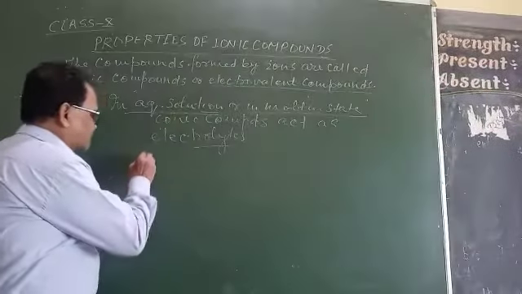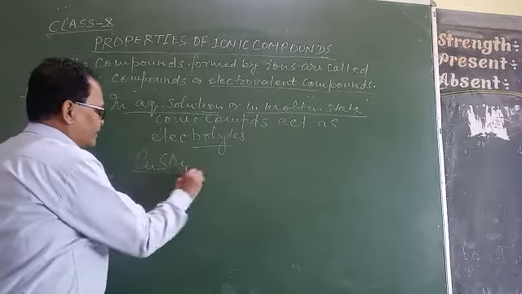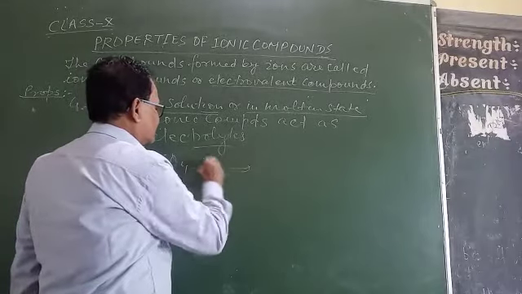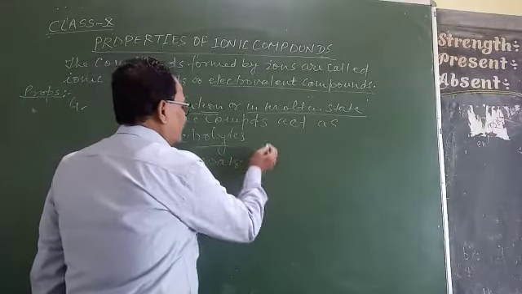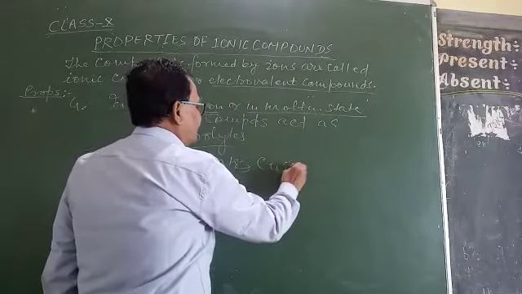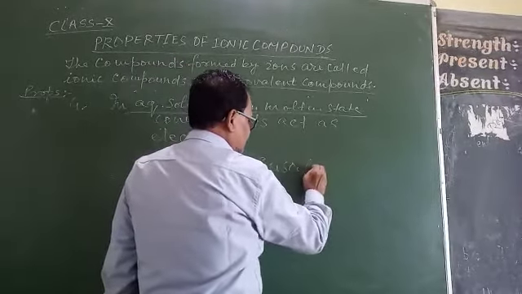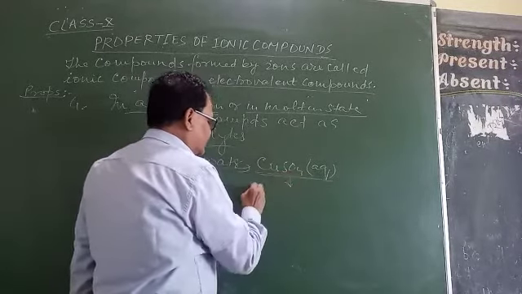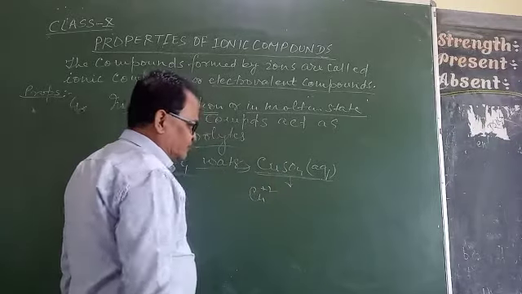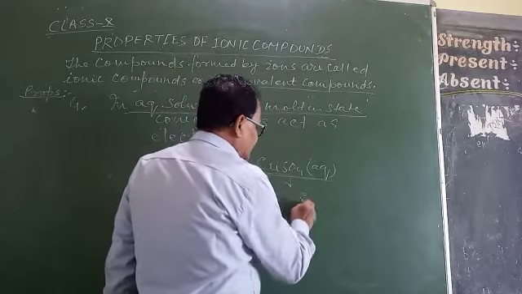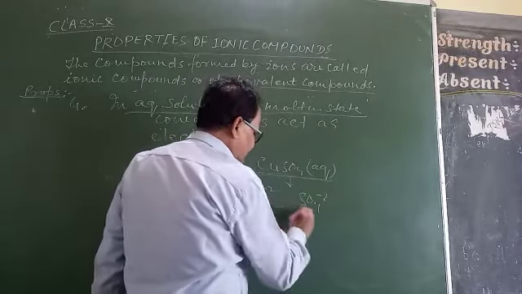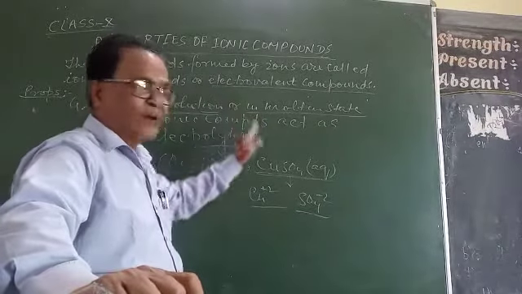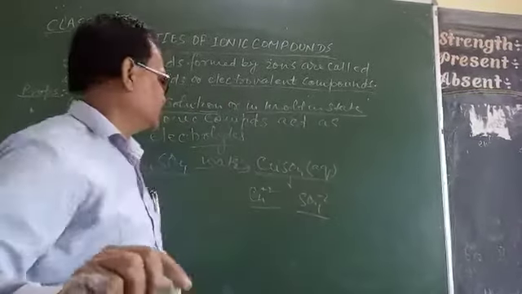This is due to the fact that when an ionic compound, for example copper sulfate, is dissolved in water, we get copper sulfate aqueous. In aqueous solution, this ionic compound is dissociated into its ions, that is copper ion and sulfate ion, and due to the presence of ions, ionic compounds in aqueous solution conduct electricity.